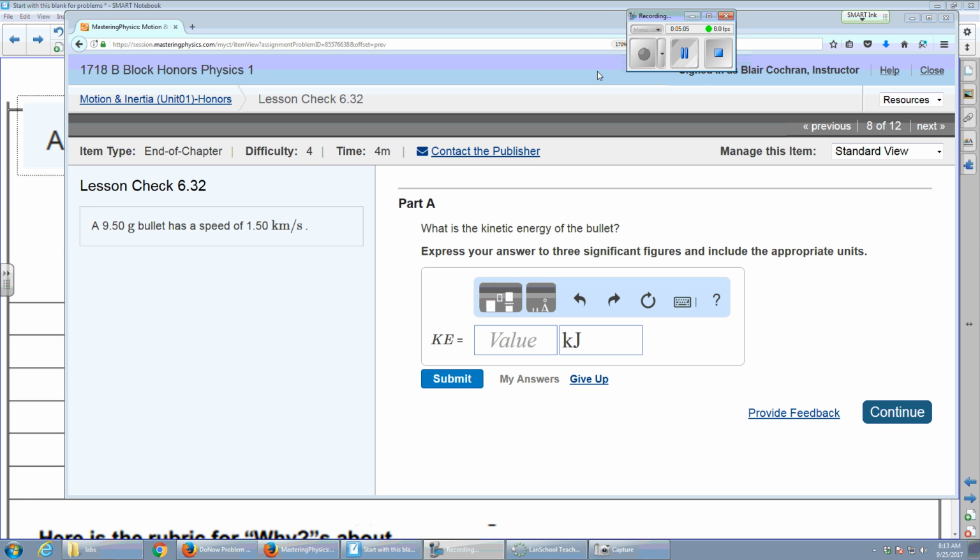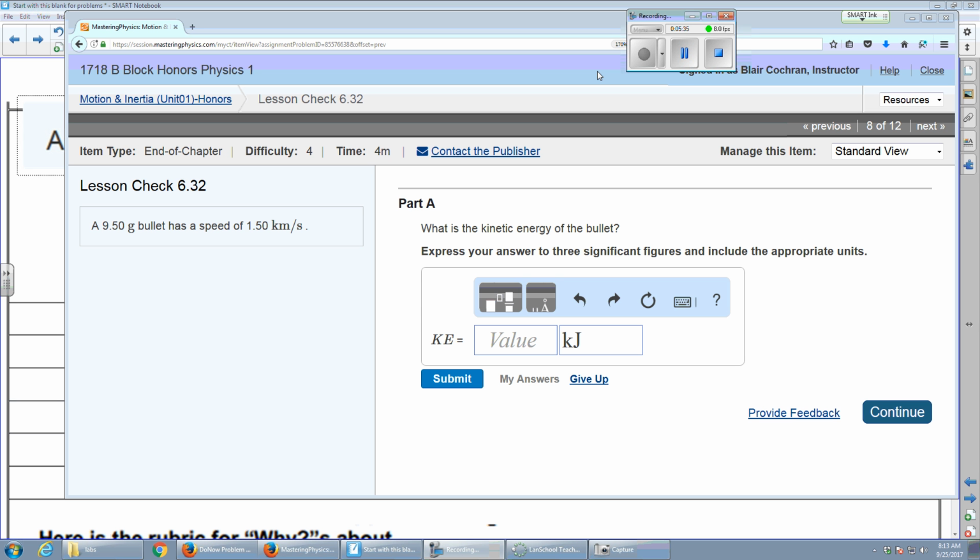All right, we're going on to number 8 now, which is what is the kinetic energy of this bullet? Ooh, now they're being a little bit mean to us. What's our base unit for inertia? Kilograms. And they give us the inertia in grams.